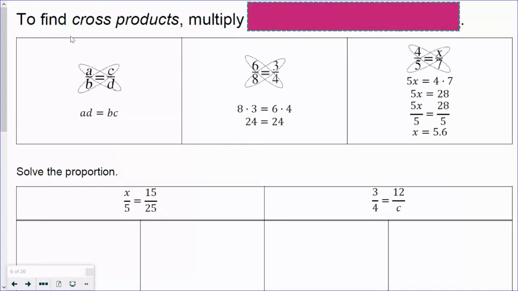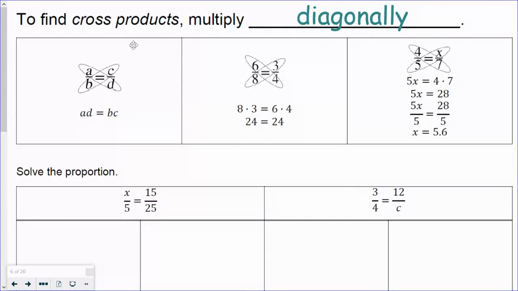To find cross products, we are multiplying diagonally. We take the numerator from one fraction and the denominator from the other and multiply them. Whatever their product is should equal the other product that we get going across.